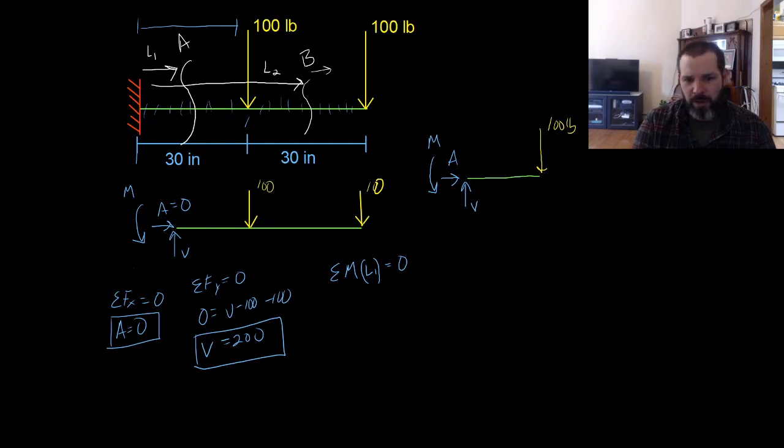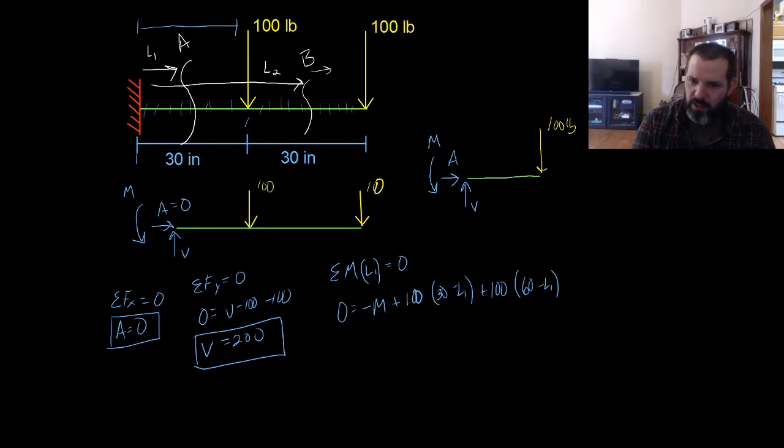So 0 will equal, I drew the moment going negative, so I'll say minus M plus 100 times (30 minus L1) plus 100 times (60 minus L1).